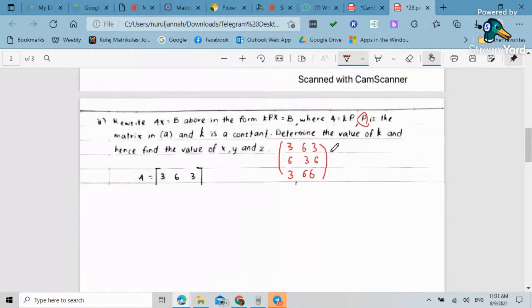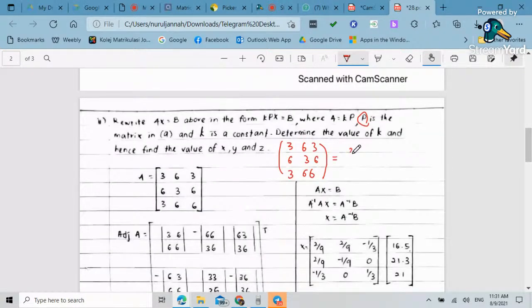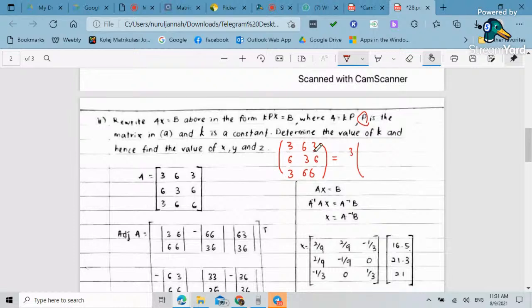Equal to 3 times, so you need to factorize 3. So 1, 2, 1, 2, 1, 2, and 1, 2, 2.